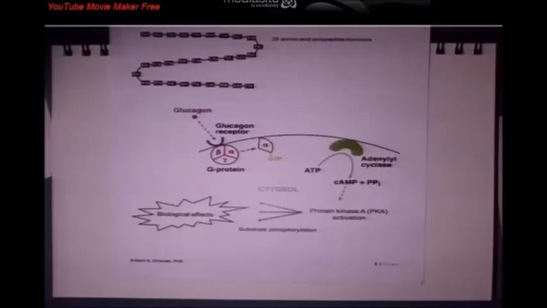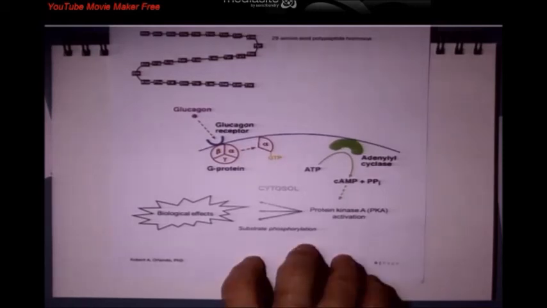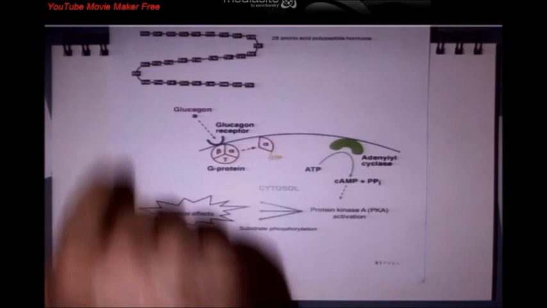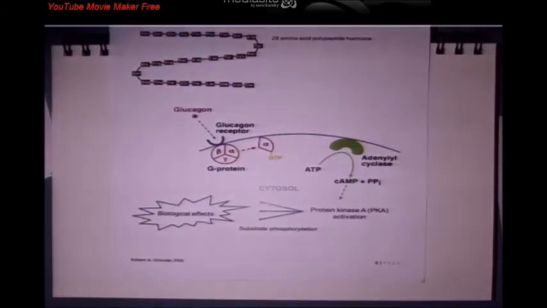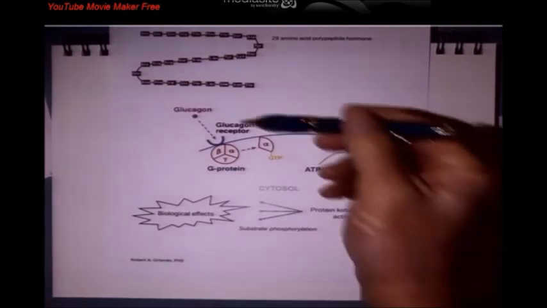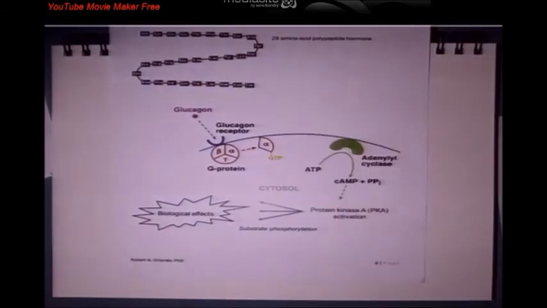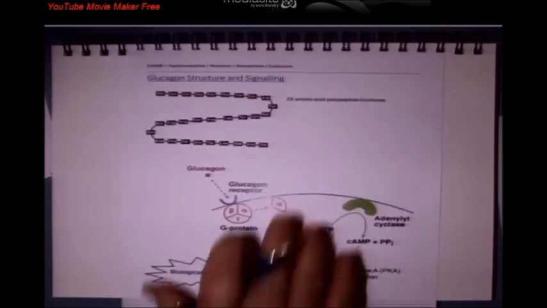We got through insulin signaling, insulin activity, and I just want to make a brief mention of the other counterregulatory hormone, which is glucagon. We're going to go into the signaling effects starting toward the next couple of days about insulin and glucagon signaling, but I just want to remind you what glucagon is. It's not nearly as extravagant as insulin and insulin processing, but here's the structure of glucagon.